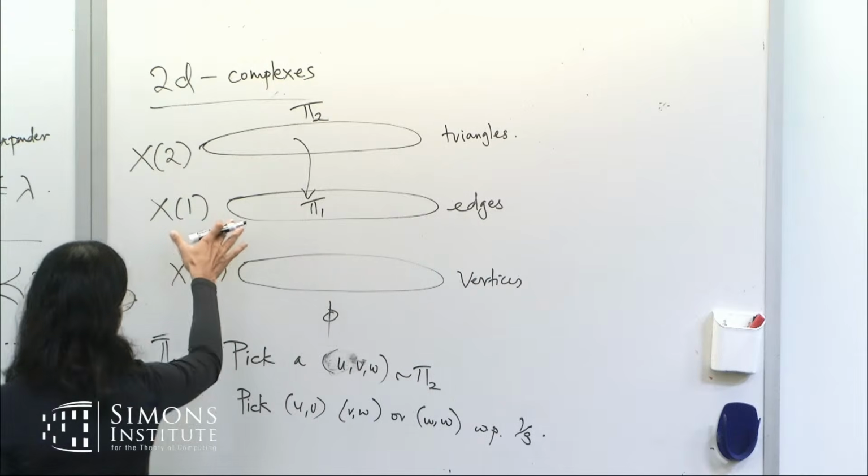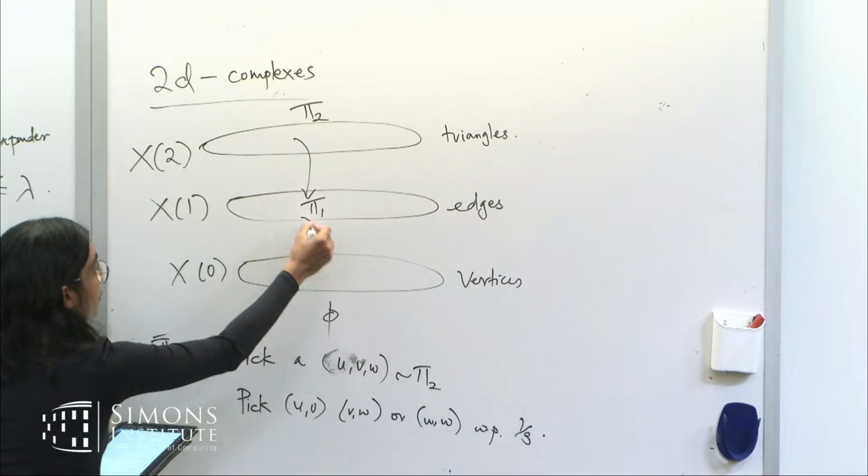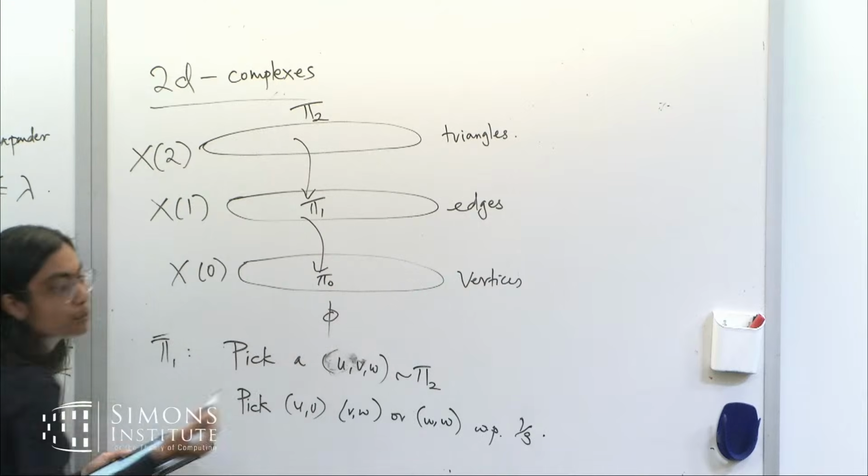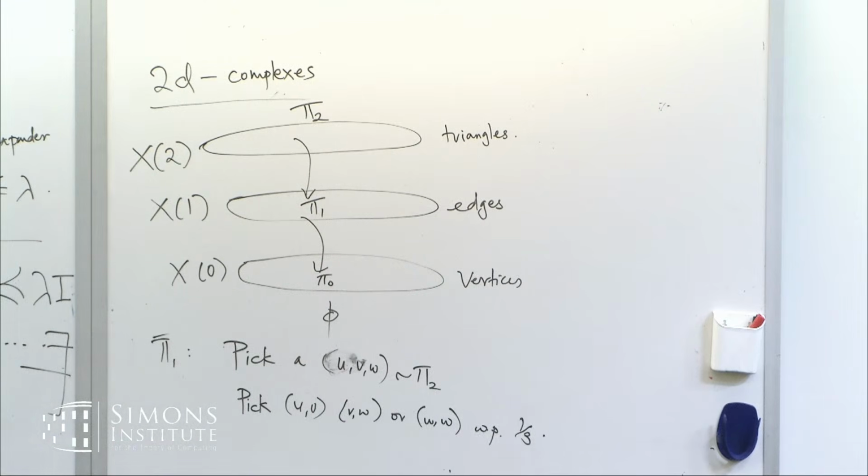So that gives you a distribution pi 1. And then once you have pi 1, you get the distribution pi 0 from pi 1 in the same way.